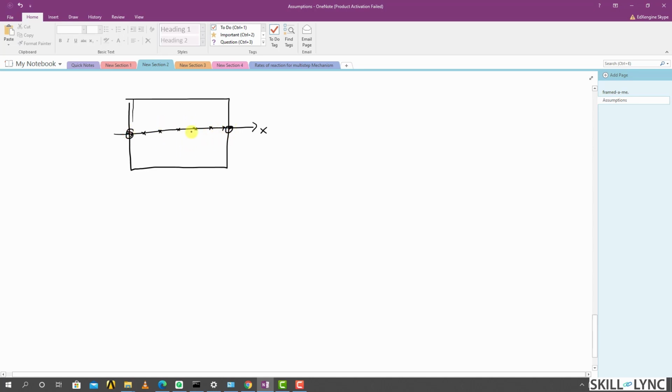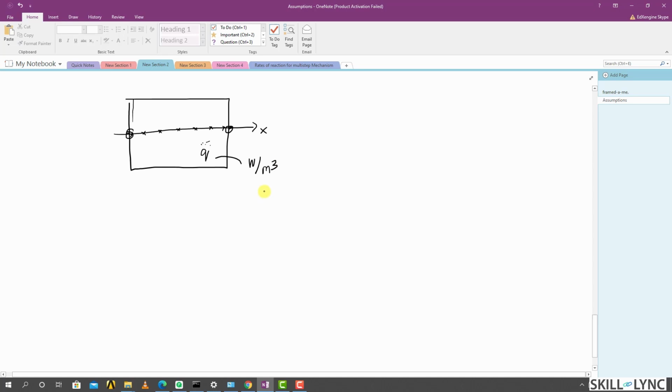Now we are also going to say that there is going to be a volumetric source of heat generation. So in this entire volume there is going to be some, and I'm going to call this Q triple dot, and I'm going to say that this is the amount of energy that's introduced in watt per meter cube.